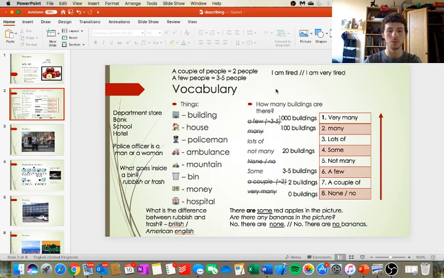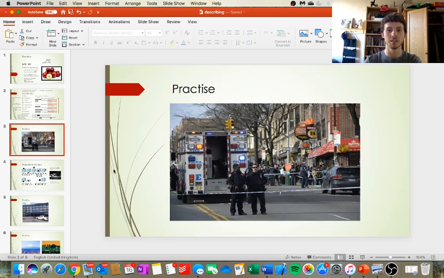So, okay, let's practice on this picture. What can you see?